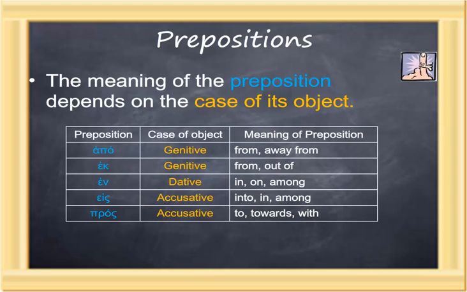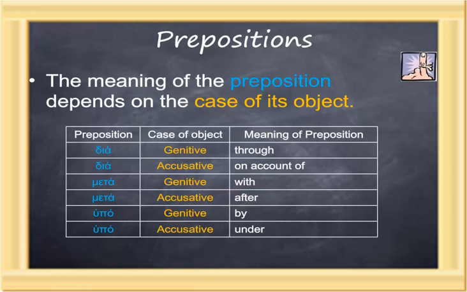Apo plus the genitive, from or away from. Ek plus the genitive, from or out of. En plus the dative, in, on, or among. Eis plus the accusative, into, in, or among. Pros plus the accusative, to, towards, or on rare occasions, with.